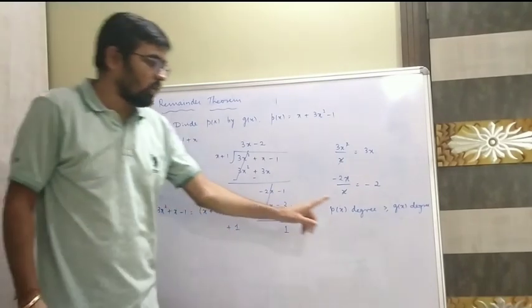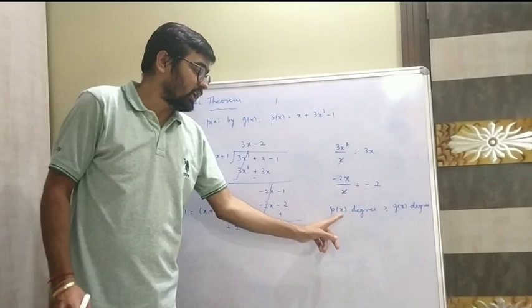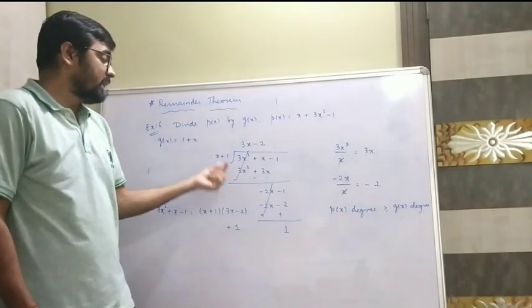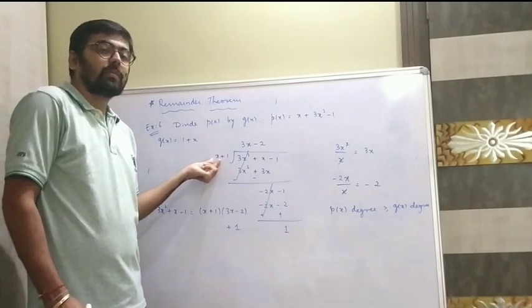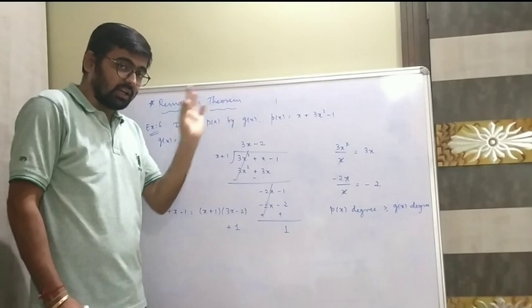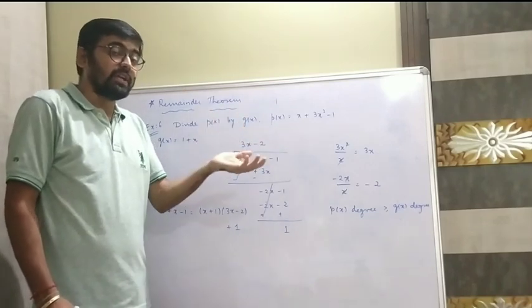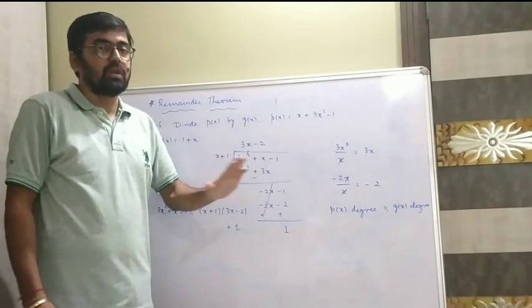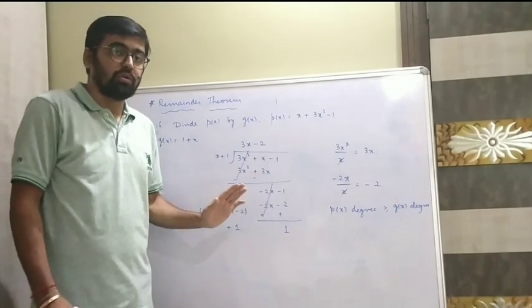In this, please always remember that the degree of the polynomial which you want to divide should be greater than or equal to the degree of your divisor. Always. It should be either greater than or equal to. If it gets lesser than the degree of your divisor, that's where we stop. Further we don't want to divide.